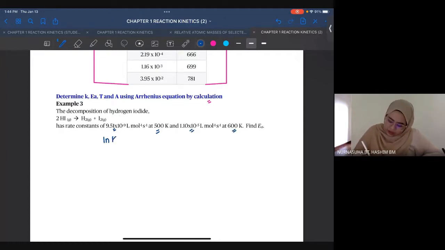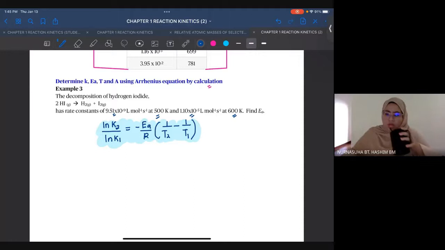So kita akan gunakan ln K2 over K1 equals to negative EA over R, 1 over T2 minus 1 over T1. Beza equation yang ni dengan yang tadi adalah this one tidak ada frequency factor.